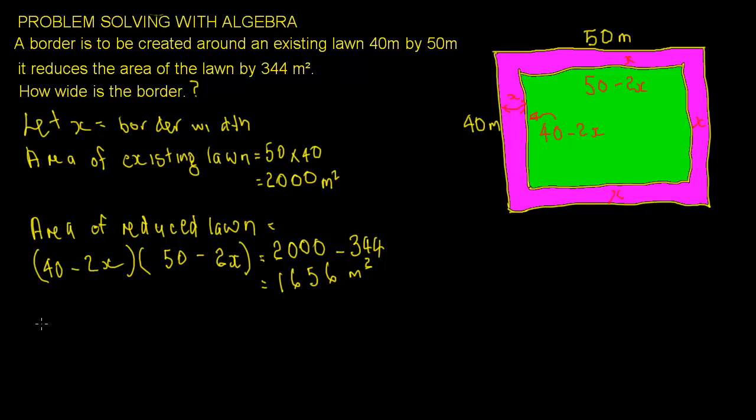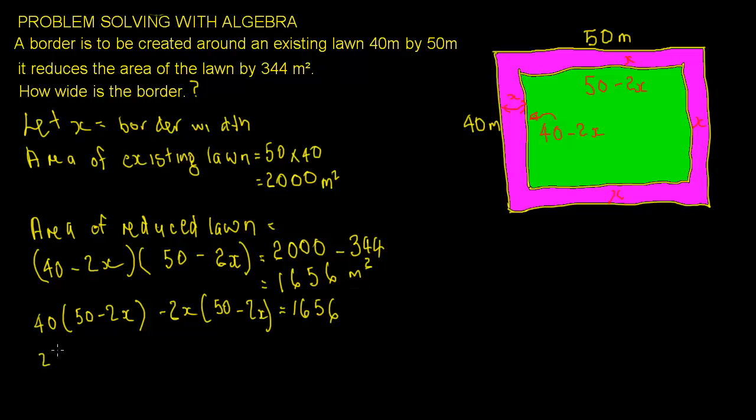So just to multiply that out, it's equal to 40 minus 2x times 50 minus 2x, and I'm going to put over that equals 1656. Okay, so let's multiply that out.